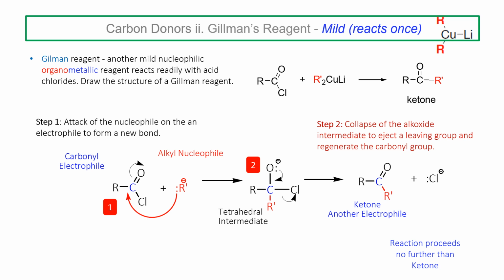Note, we have attack of the nucleophile, first step. In the second step, we have collapse of the alkoxide with ejection of the halide leaving group. Note, we end with the ketone. The reaction does not proceed any further. In fact, Gilman reagents are so mild that they do not react with esters.